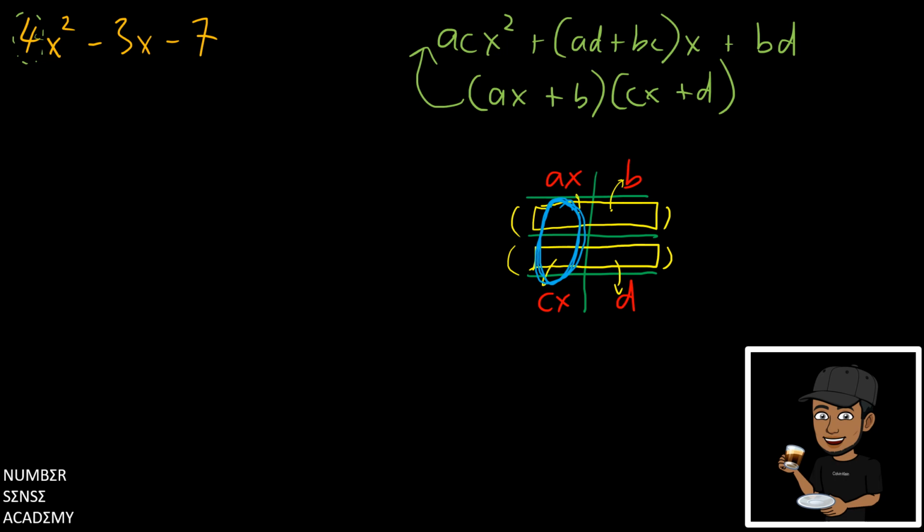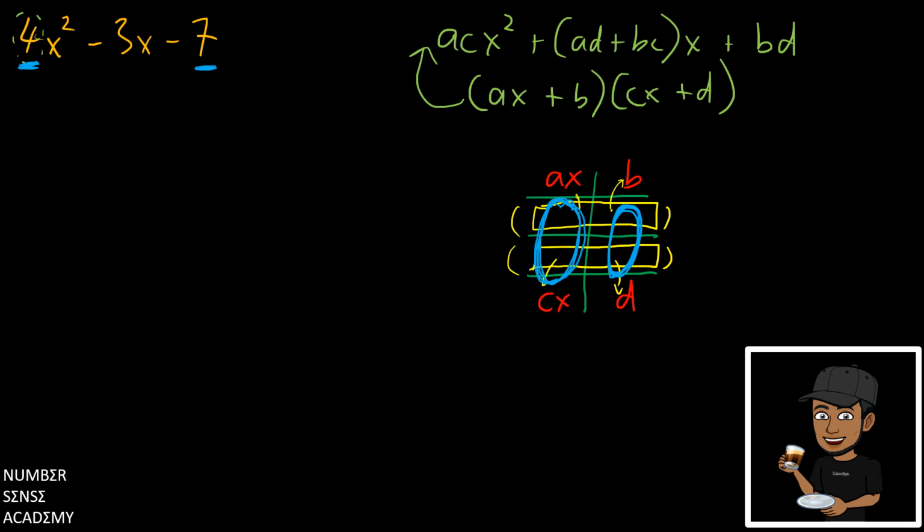And these two numbers, when I multiply b times d, I'm going to end up with 7. If I follow this form, these two numbers multiply to ac, if you want to call it that. But really, they should multiply to this 4. And then b times d should multiply to this 7.